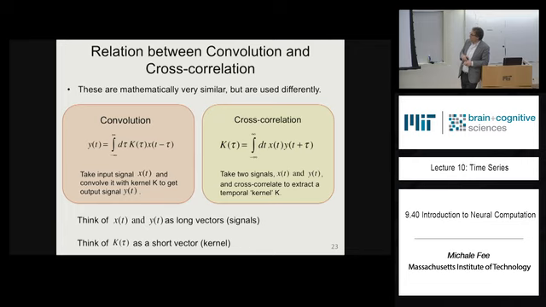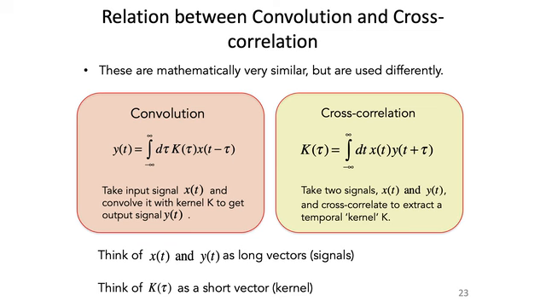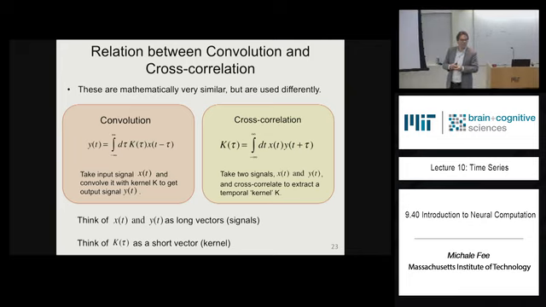In convolution, we're convolving a long signal with a short kernel to get another long signal, which is the response of the system. In cross correlation, we take, let's say, the input to a system and the output of the system and do a cross correlation to extract the kernel. All right. Any questions about that?